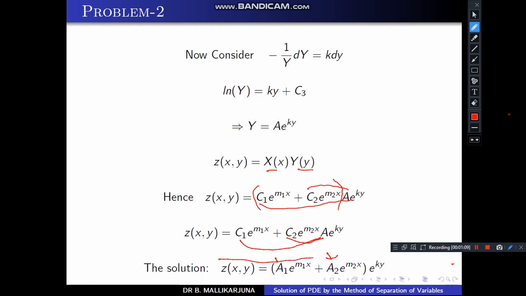This is the required solution of the partial differential equation. This is how we find the solution of the partial differential equation by the method of separation of variables.